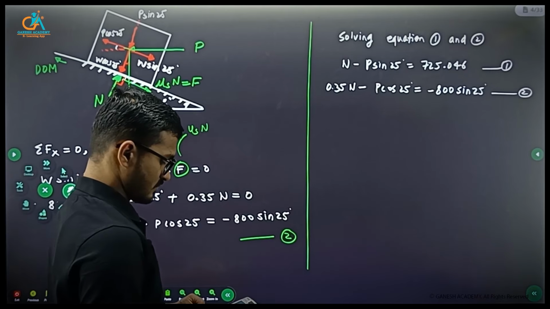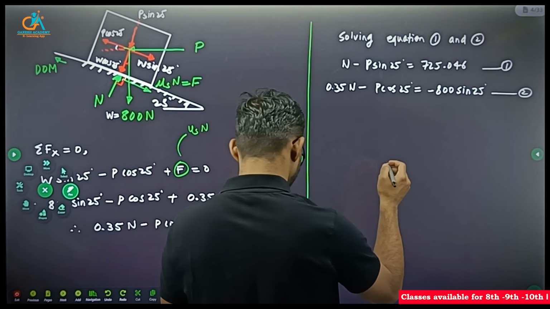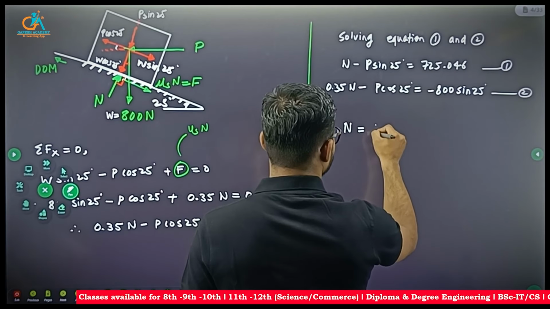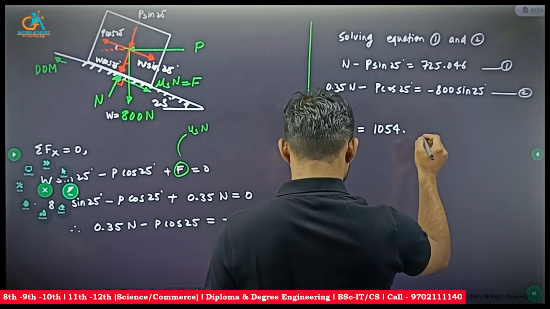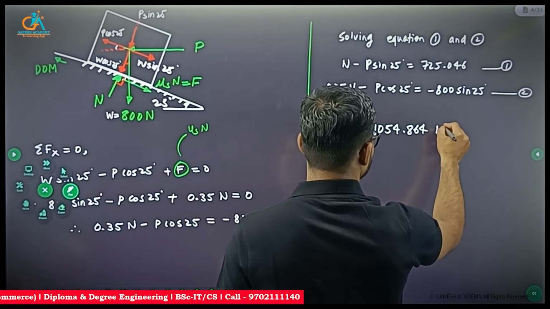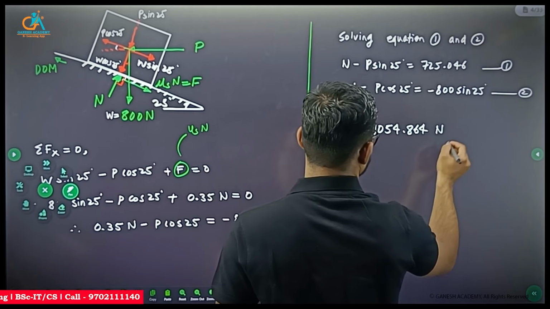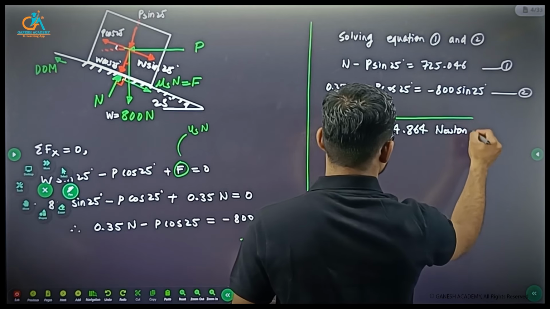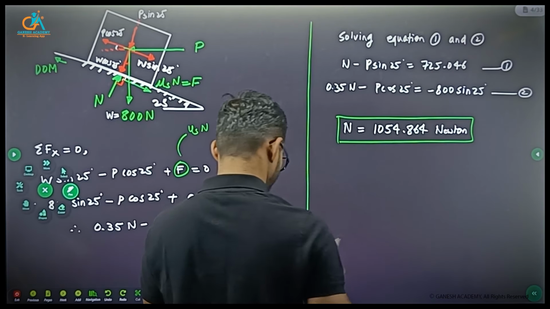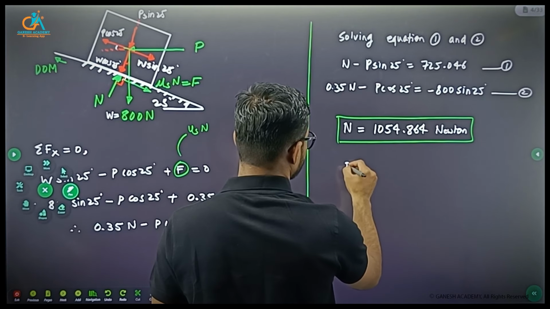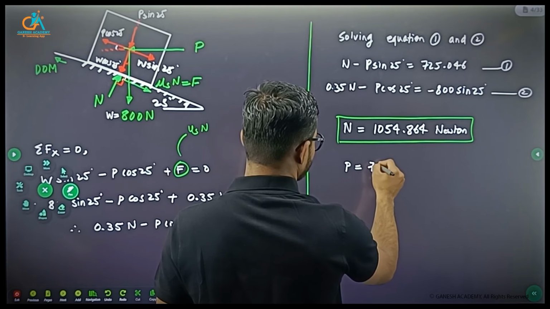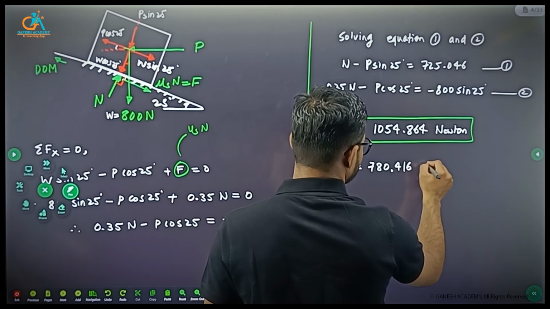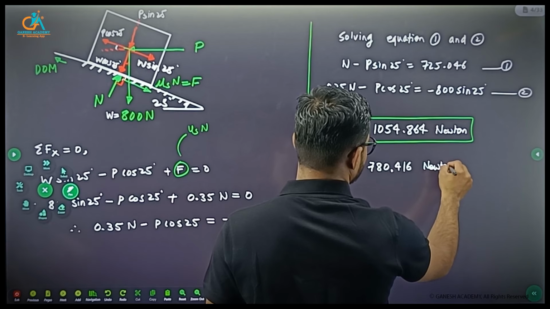So after solving these equations, the first unknown, which is N, the normal reaction, is 1054.864 Newton, and the force P is 780.416 Newton.